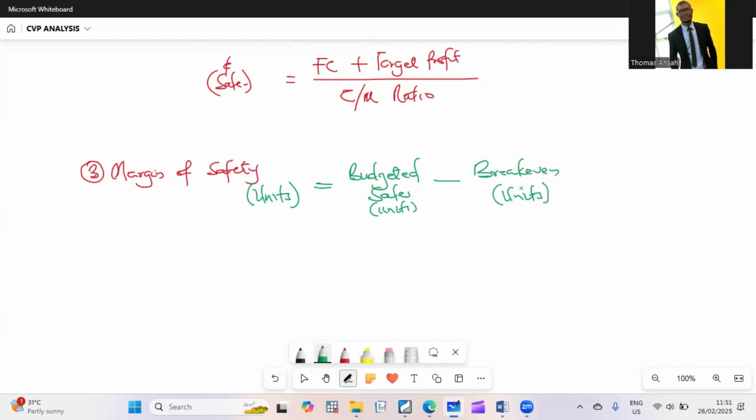And that is how we can find our margin of safety in units. All right. Now, we can also decide to do these things in value. Okay, we do it in value.